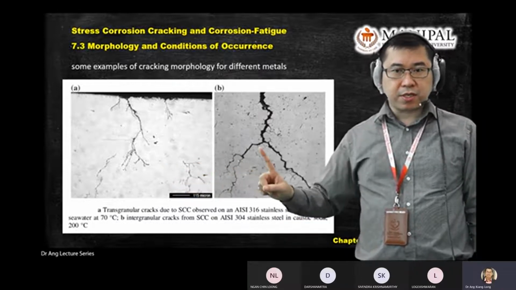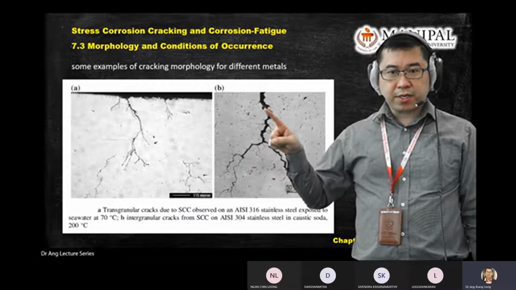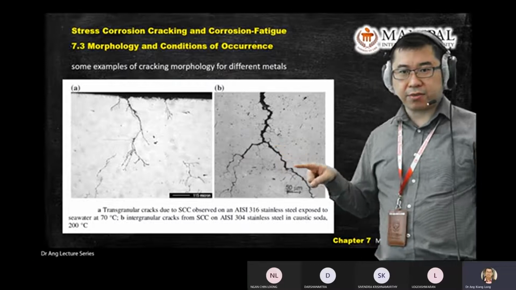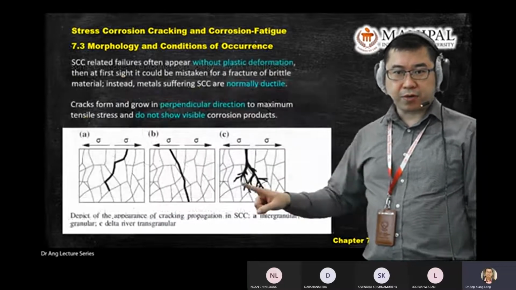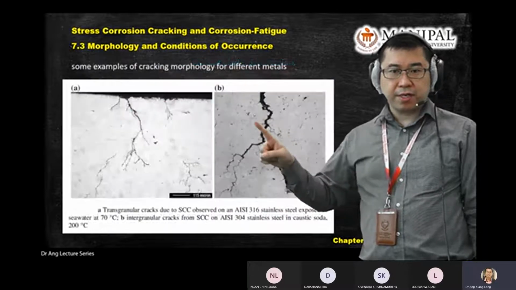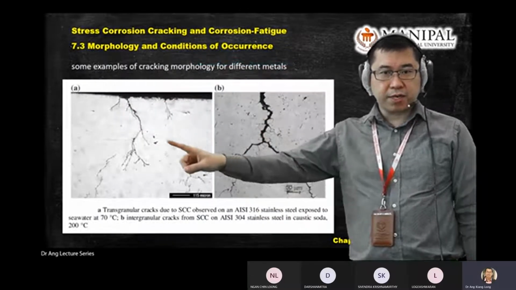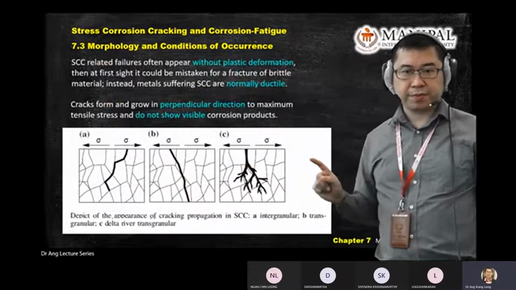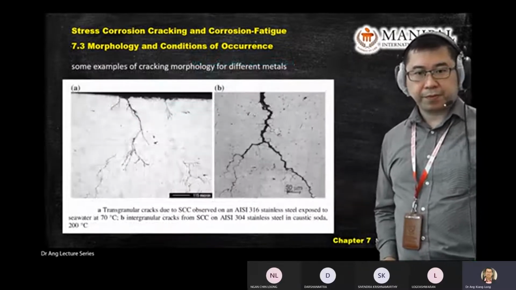So you can see this one is more like the delta river that you saw just now, right? It's more towards this delta river intergranular cracking. Okay, this one is more on either this one or this one.